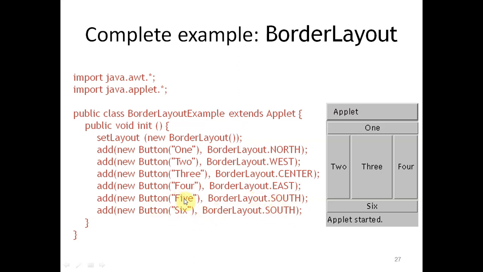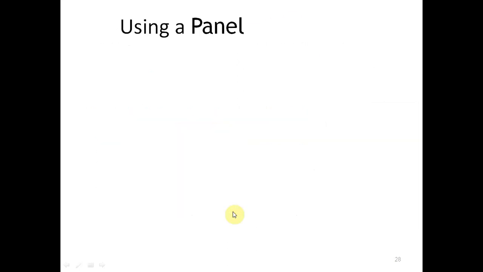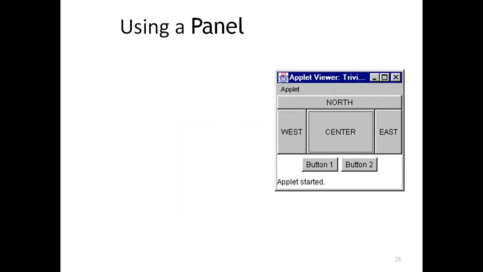So 5 will be overlapped and 6 will be displayed here. We have named the buttons 1 2 3 4 5 6. In this case we can add only 5 buttons. So maybe this is a limitation of border layout.